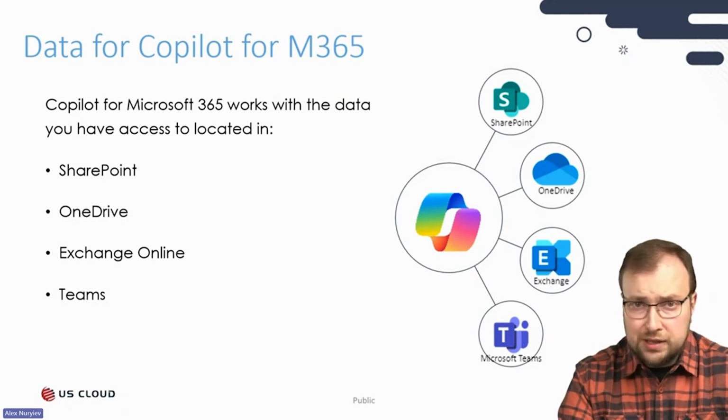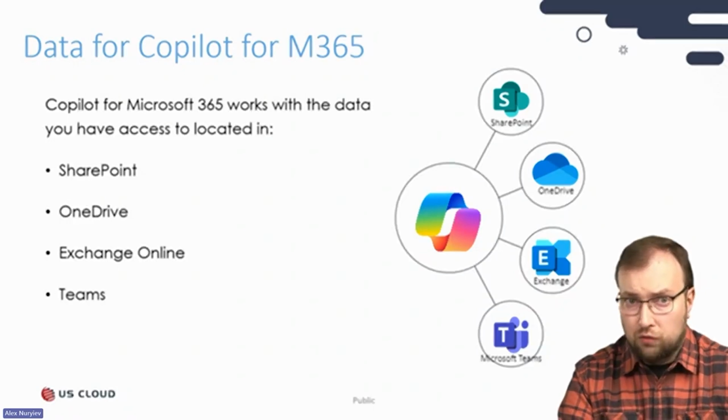Copilot can only see data that you can see. If there is something in some place I cannot see, Copilot cannot see it for me. If it's a private team I don't have access to, then no, Copilot cannot see it for me. It cannot see anyone's OneDrive unless the owner gives me permission to a specific file or folder.